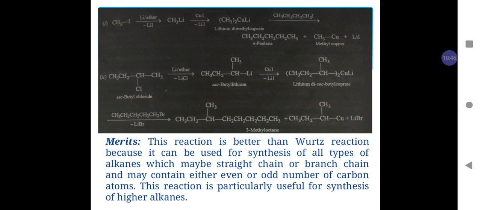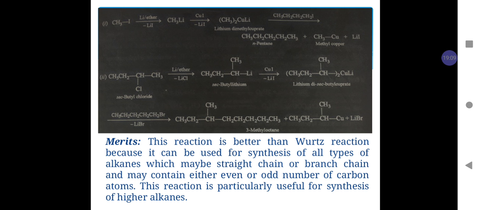This methyl lithium then reacts with cuprous iodide, CuI, to form lithium dimethyl cuprate. This lithium dimethyl cuprate has one carbon atom and we have to convert it into pentane.